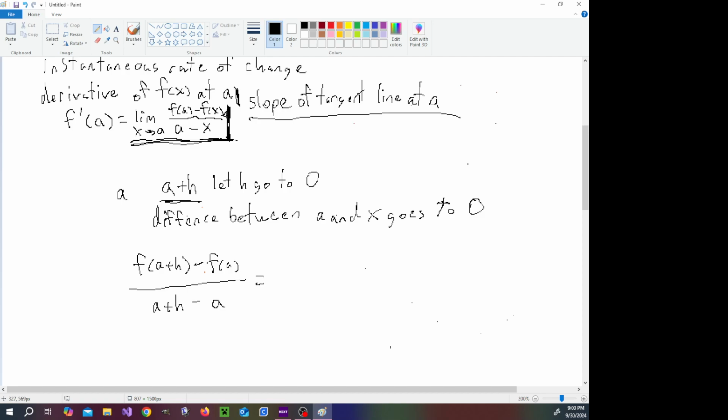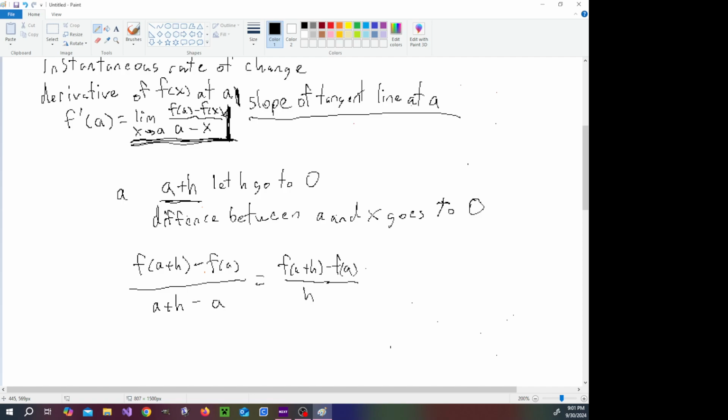Well, on the bottom, a plus h minus a disappears and just turns to h. So now we have f of a plus h minus f of a, over h. And it turns out that when we set things up like this, it's actually going to radically simplify what taking the derivative actually is.